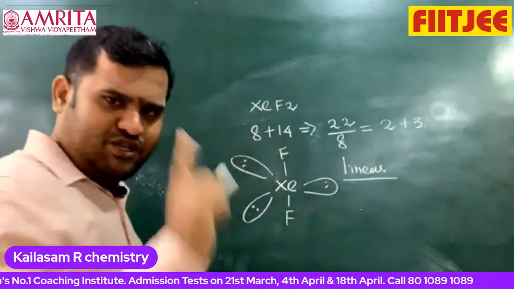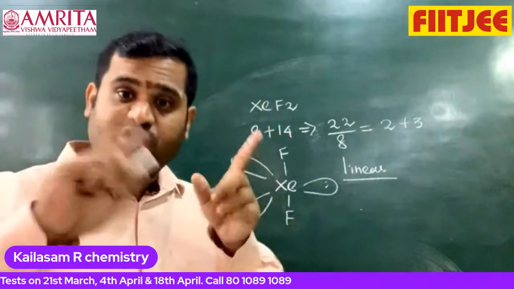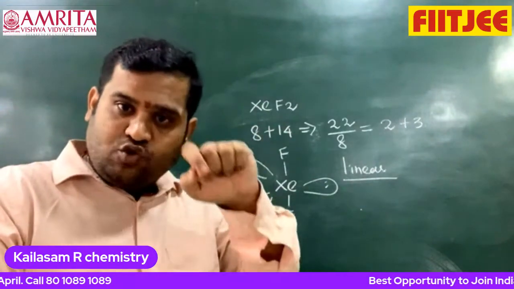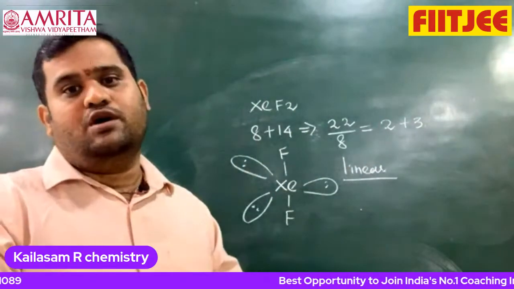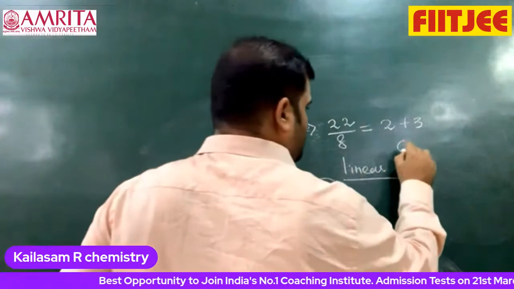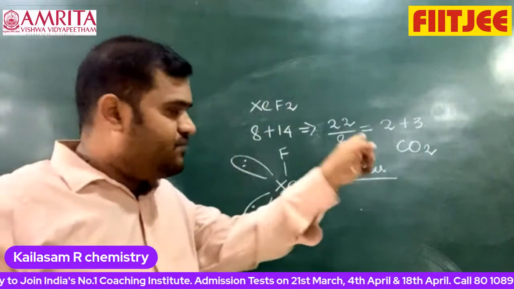If it comes 3 plus 2 linear, 2 plus 0 linear, they may ask which of the following are isostructural. XeF2 is isostructural with CO2. Why CO2? 2 plus 0. Look at this example. Very simple. Go with our method. What is the central atom? Carbon.